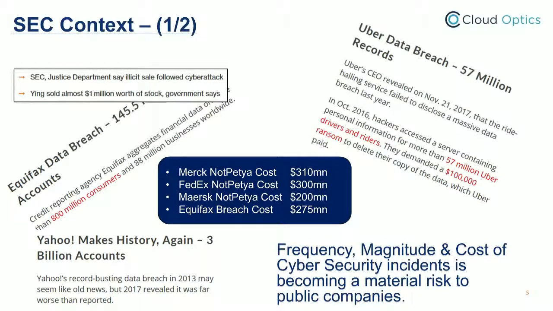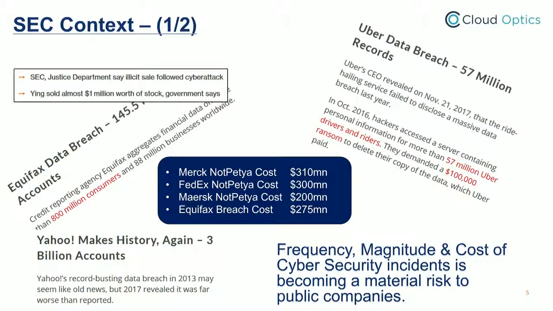Equifax, of course, takes the crown this year, along with Yahoo, etc. Looking at the numbers in the center of the screen, we're talking about Merck, FedEx, Maersk, and Equifax. The cost of managing and controlling the breaches is pretty high, totaling up to $1 billion.